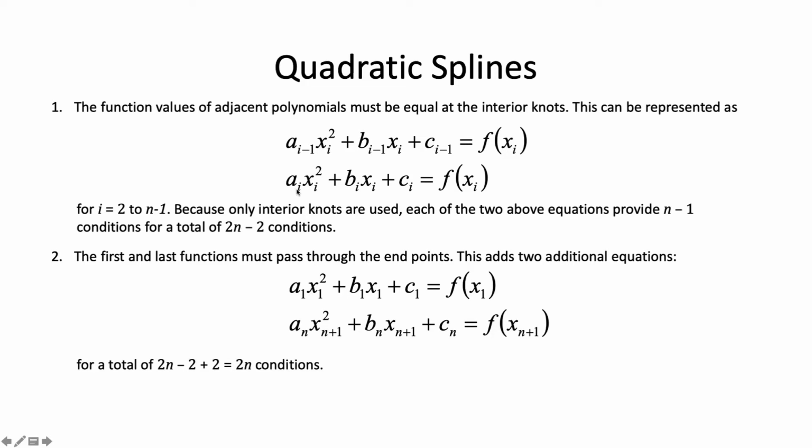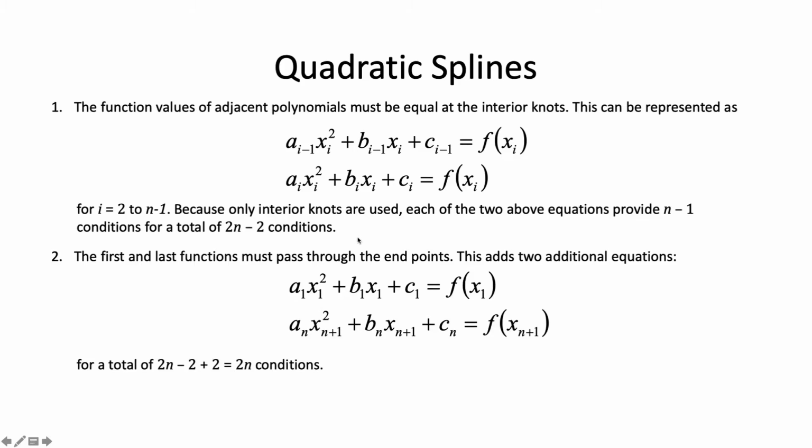The second is a sub i xi squared plus b sub i xi plus c sub i equals f of xi. This could be the equation for the second interval, and this is the equation for the third interval, for i equals 2 to n minus 1. Because only interior knots are used, each of the two above equations provide n minus 1 conditions for a total of 2n minus 2 conditions.